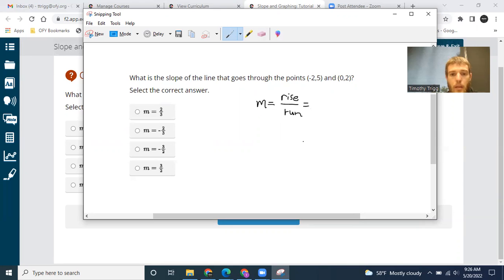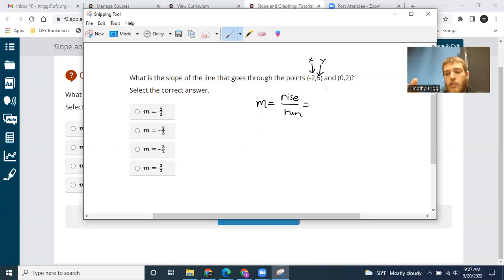Okay, and I'll show you what I mean by that. Rise over run. Now, how do we find the rise and run? Well, just like with any coordinate point, you have an x and a y coordinate for each point. The x coordinate tells you horizontal movement, or where it is on the x axis horizontally.